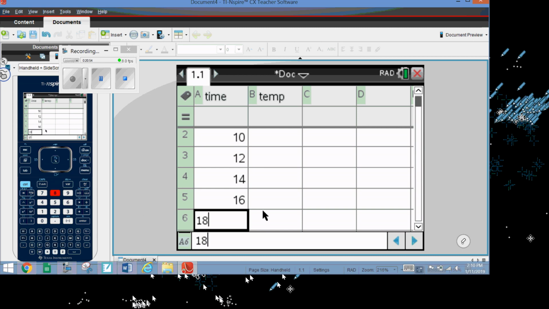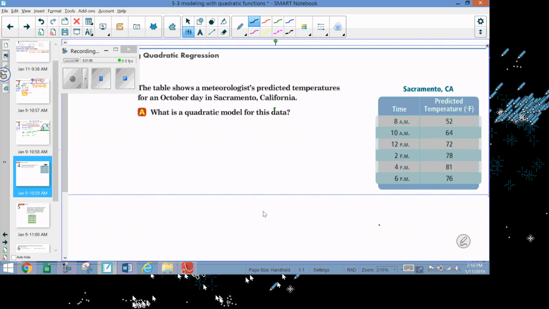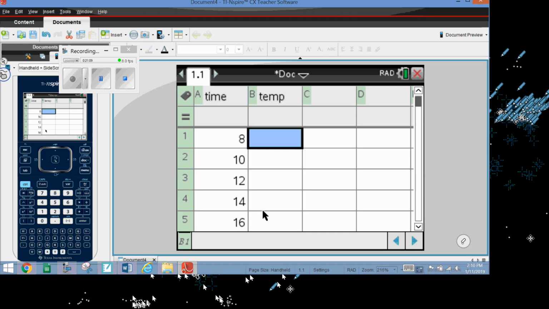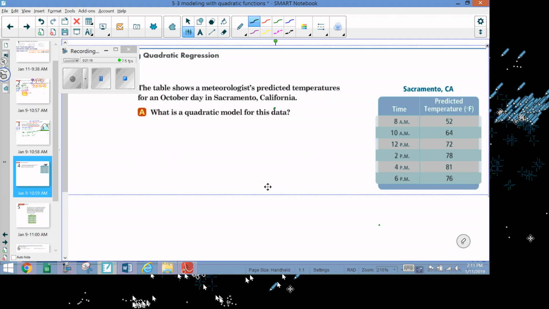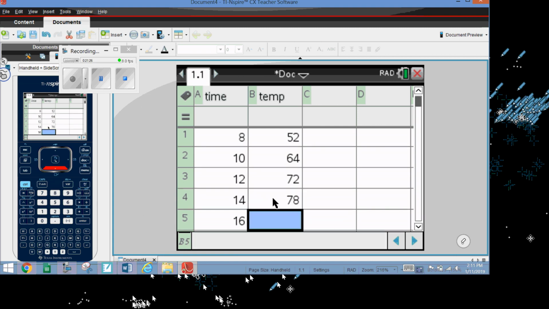I cannot put 2 because it's going to be 2 a.m. Yeah, move your time, that's fine. Now, how about the temperature? That's the temperature: 52, 64, 72, 78, 81, 76. 78, 81, and 76.